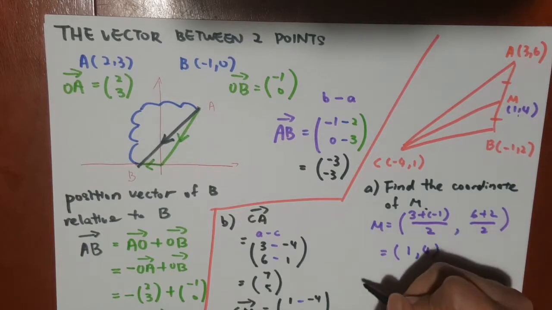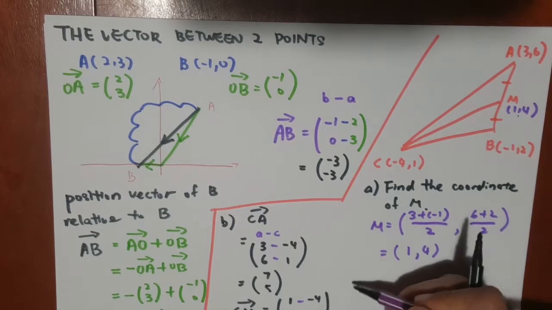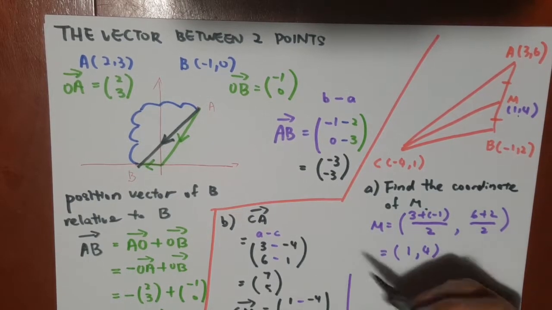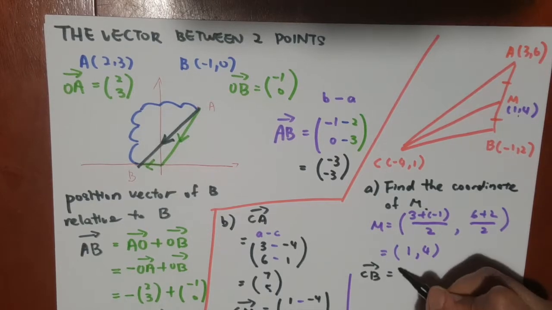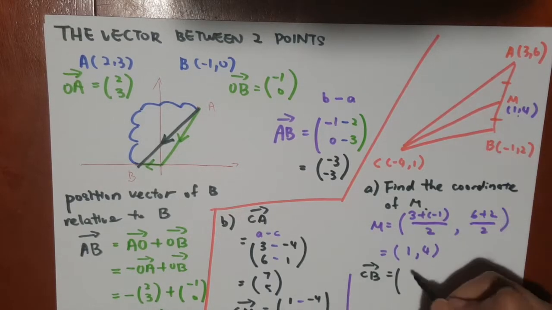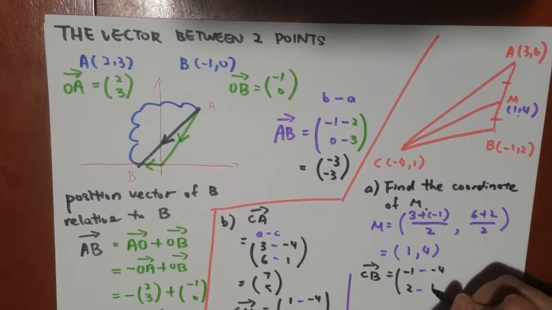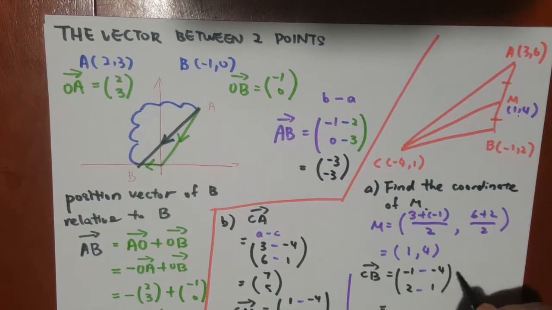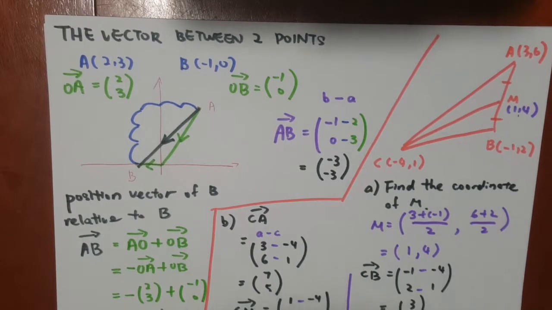And what about vector CB? Doing the shortcut again, we take B, which is (-1, 2), take C, which is (-4, 1), and what we get here is -1 + 4 is 3, and 2 - 1 is 1. So we get the vector (3, 1).